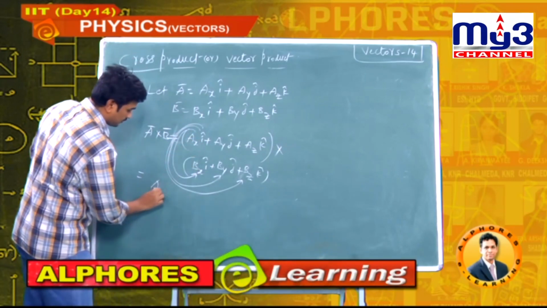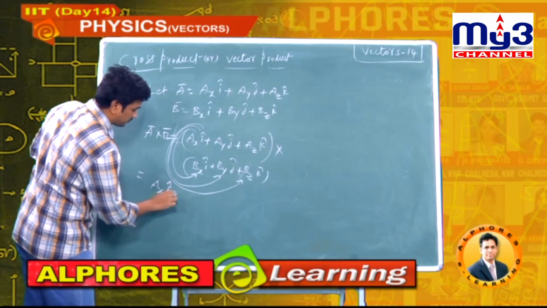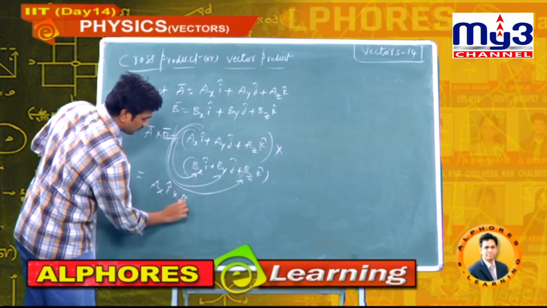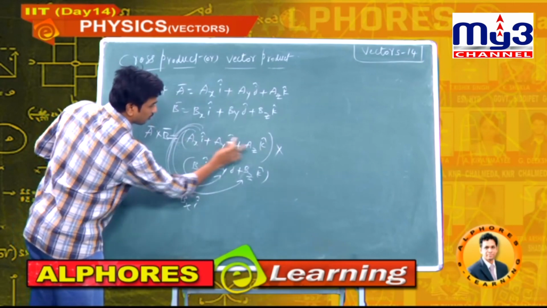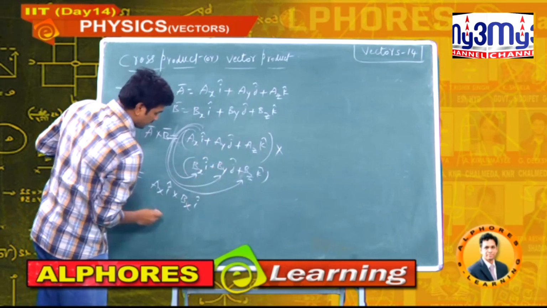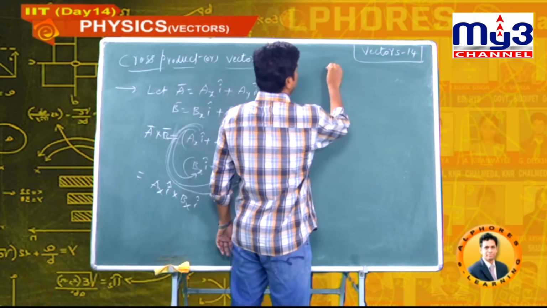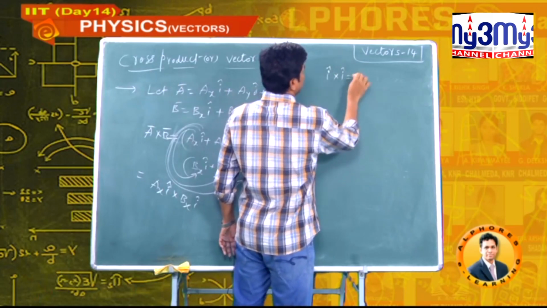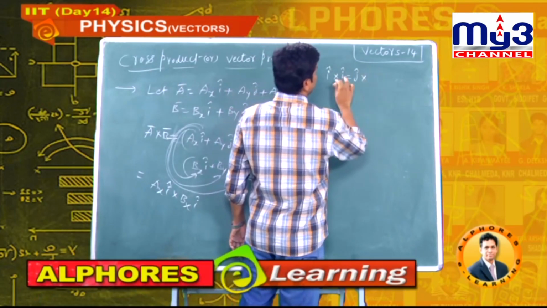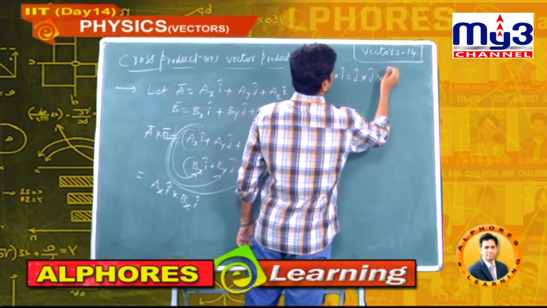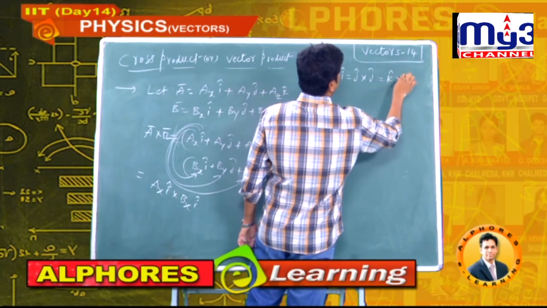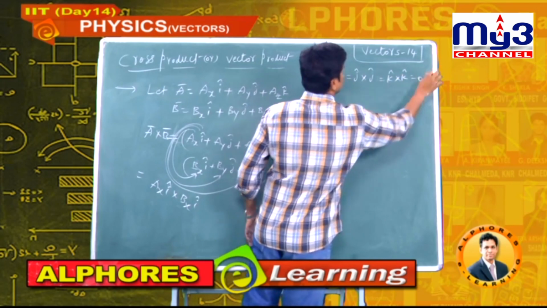See, AX i cap cross BX i cap, because these two are crossed. See, i cross i, how much? We calculated i cross i cap, j cross j cap, k cross k cap are each equal to 0.